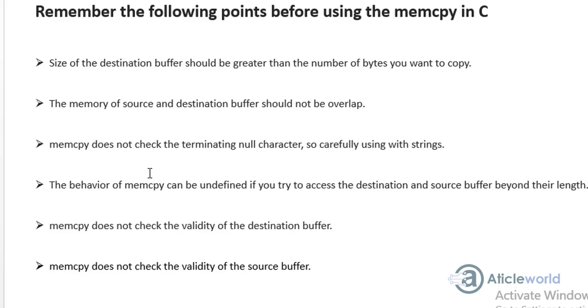So you should always pass valid memory, otherwise the behavior will be undefined. And the seventh point is similar to the sixth point, like memcpy does not check the validity of the source buffer.